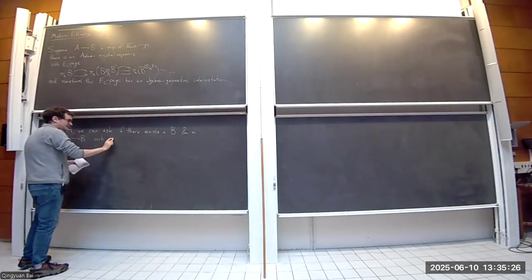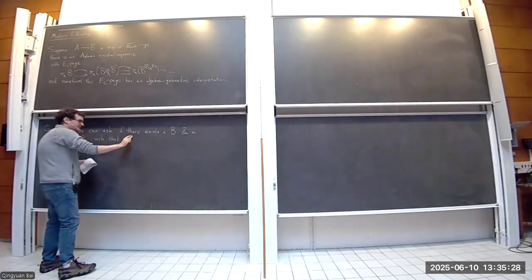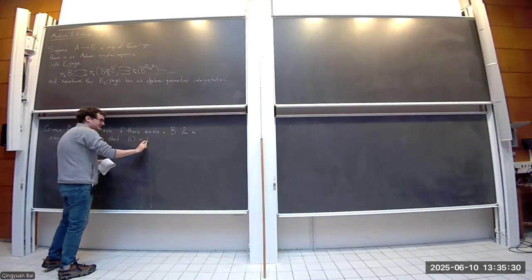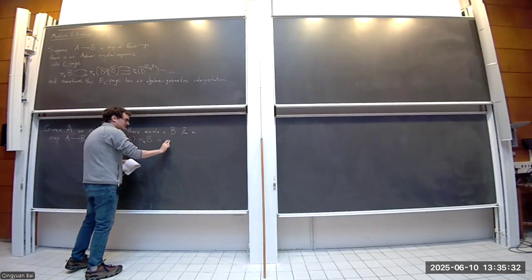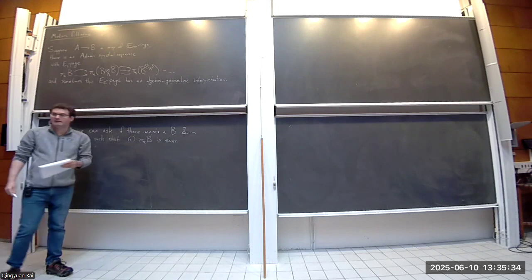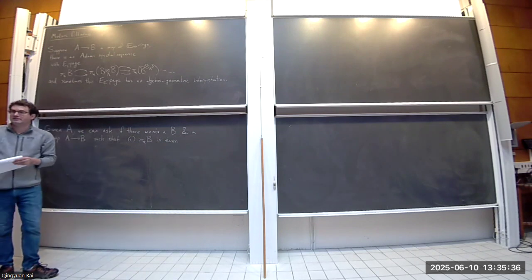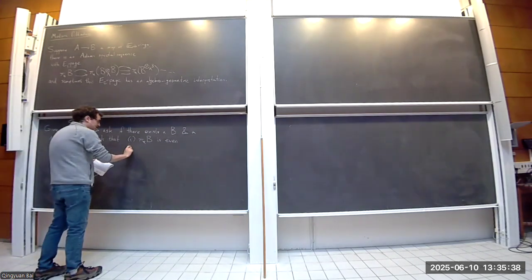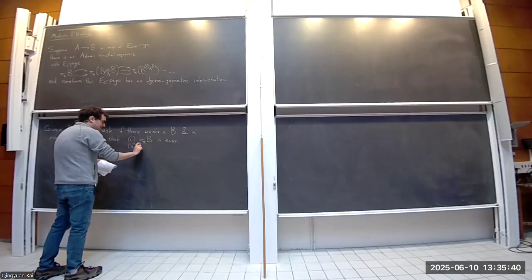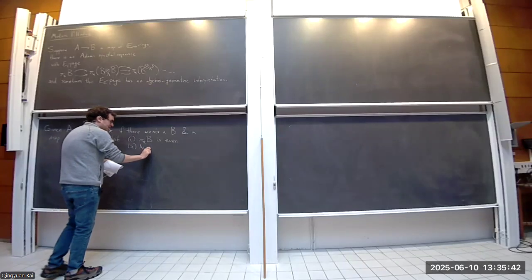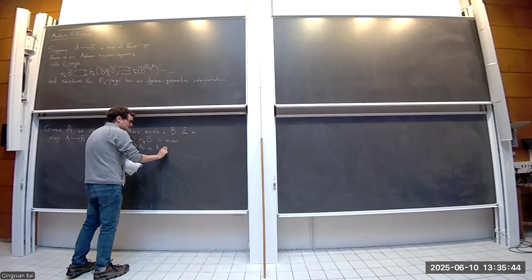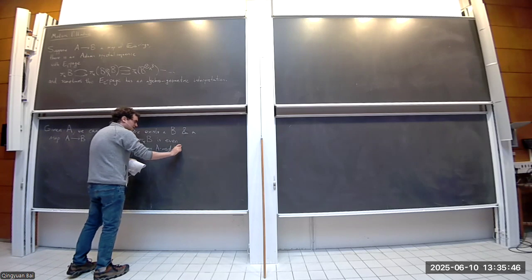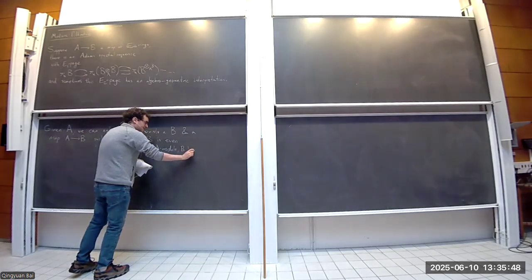So two things occur. First of all, I want pi star B to be even. So I want all the odd degree homotopy groups to vanish. And second of all, I want that as an A module, B has even cells.